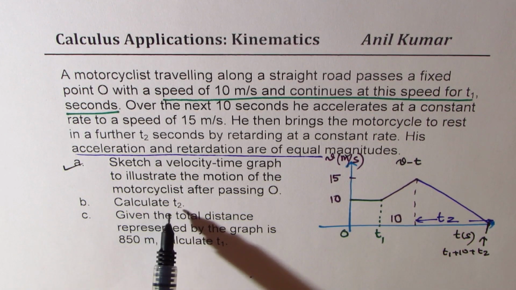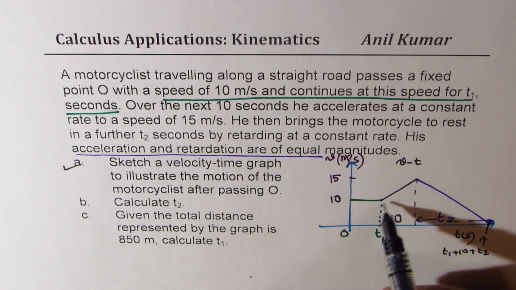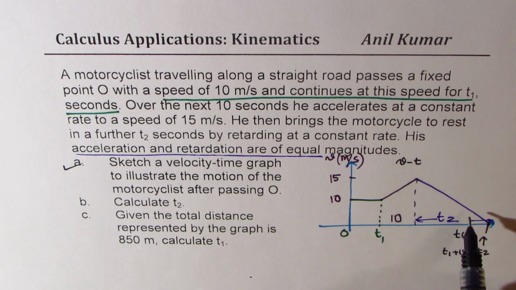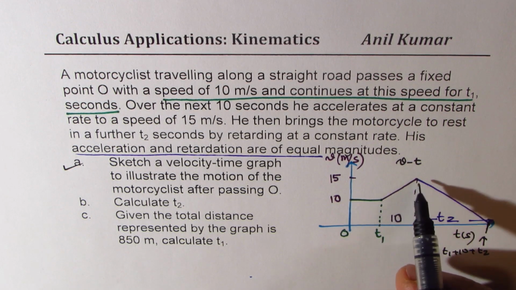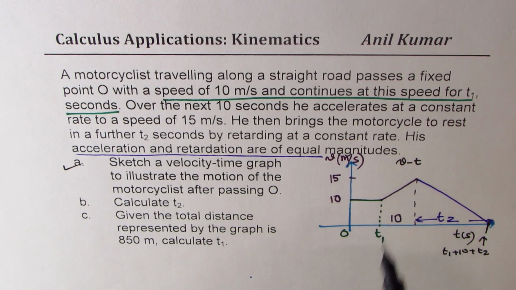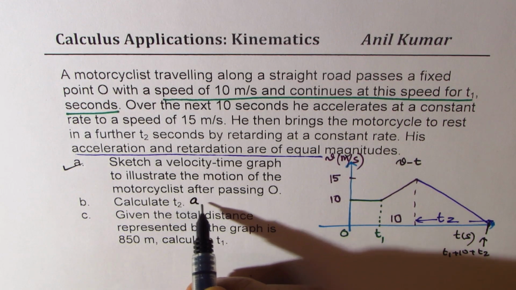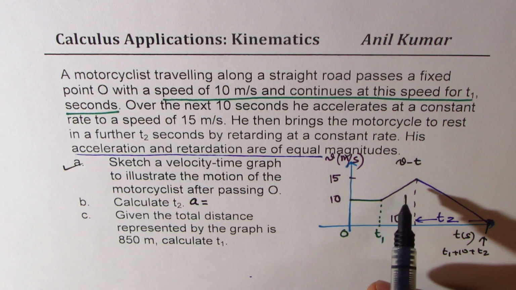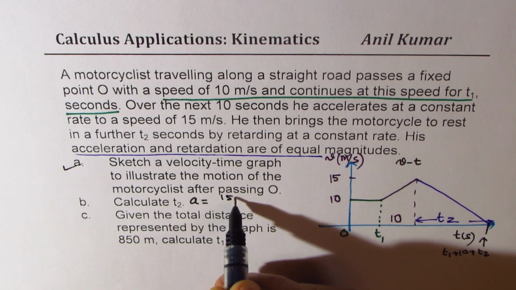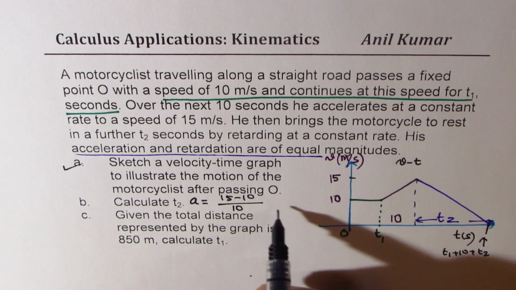Now let's try to calculate t2. How do we calculate t2? Well, since we know acceleration is the same as deceleration, let's try to figure out what this acceleration is. Acceleration a will be the rate of change in velocity, so it will be 15 minus 10 divided by 10 seconds. Do you see that part?